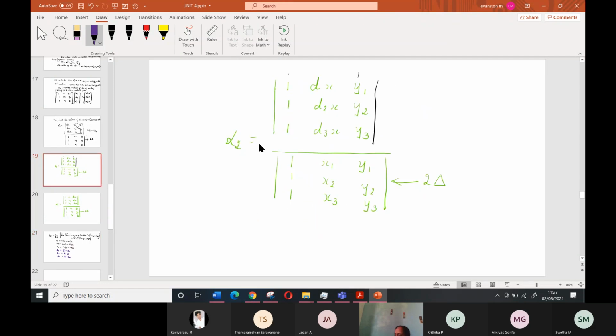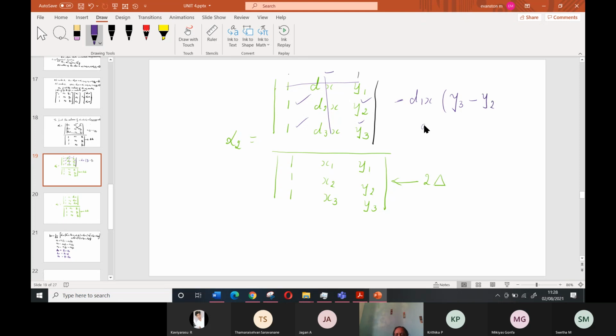You are having doubt, I'll show it to you. Along with d1 you will have a minus sign. So d1x into, this I will throw off, this I will throw off, only I will have this value. So when I multiply y3 minus y2, here it is minus, y3 minus y2.